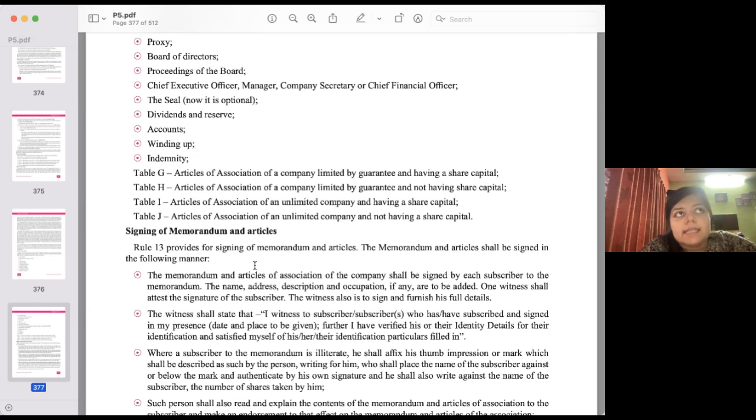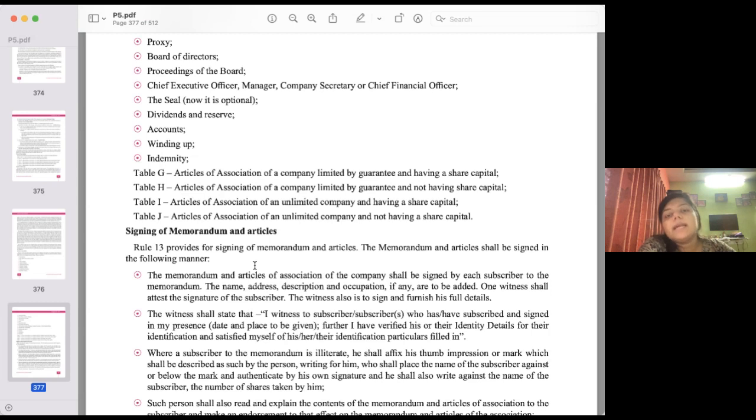So in such cases, the common seal is a signature of the company. Now, under Section 21 of the Companies Act, the seal has to be accompanied with signatures. Signatures of whom?